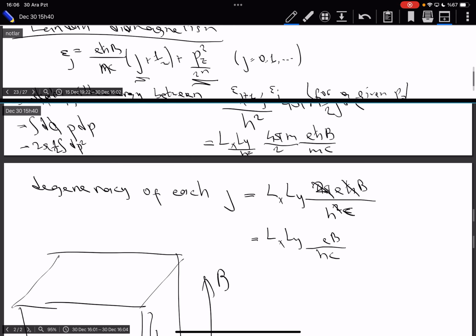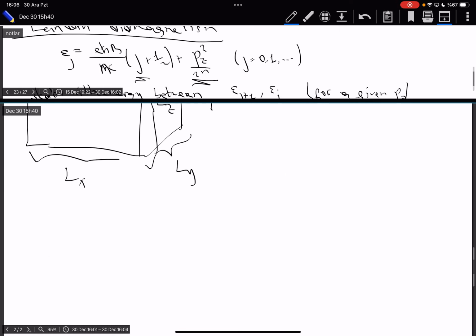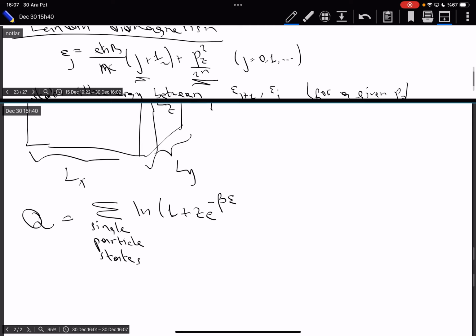Now, basically, we have everything we need to study this problem. We need to look at the grand canonical partition function, which, remember, is nothing but a sum. Since these are fermions, it is the sum over single particle states of the logarithm of 1 plus z e to the power minus beta epsilon, epsilon being the energy of this system.